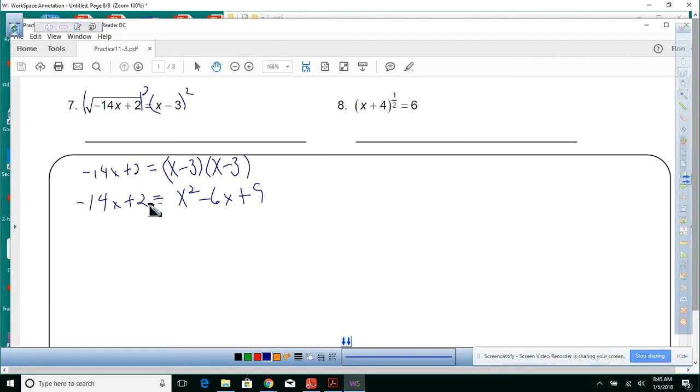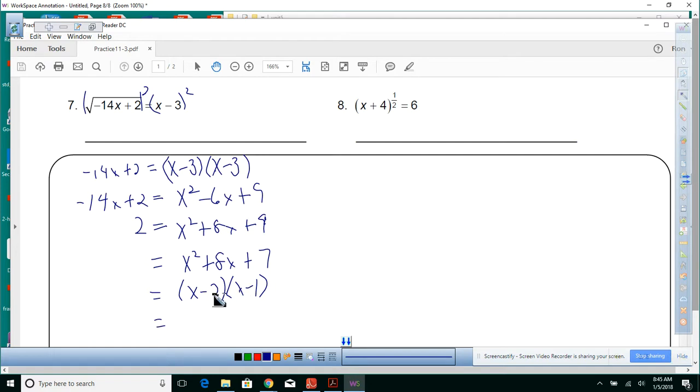Okay. Now let's add 14x to both sides, and you got x squared plus 8x plus 9. And then we're going to subtract 2 from both sides, and you got x squared plus 8x plus 7. Okay. You factor that gives you x minus 7 times x minus 1.